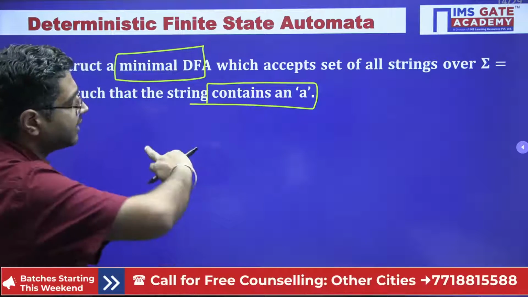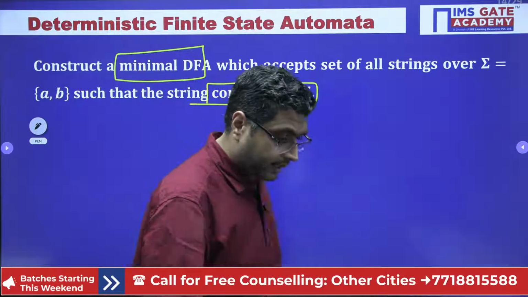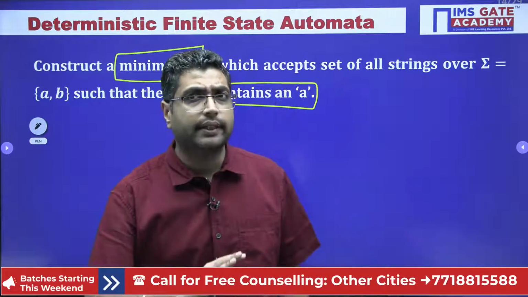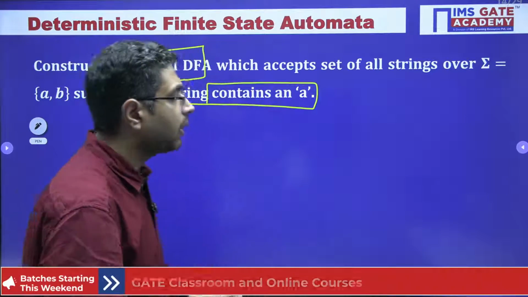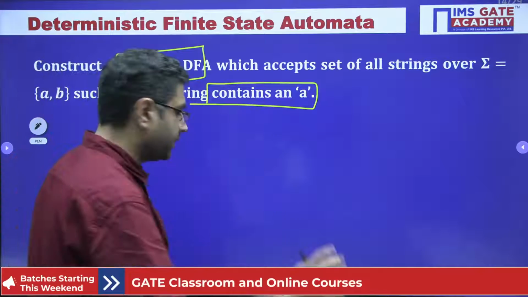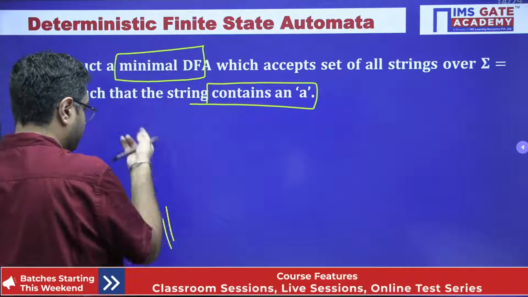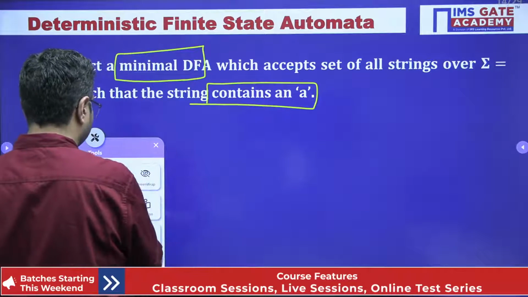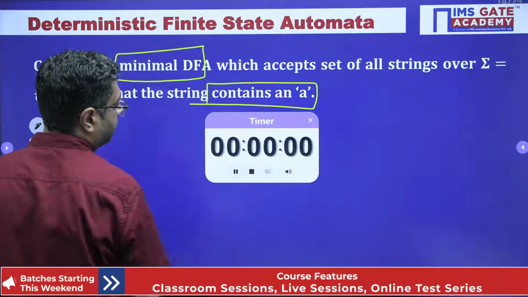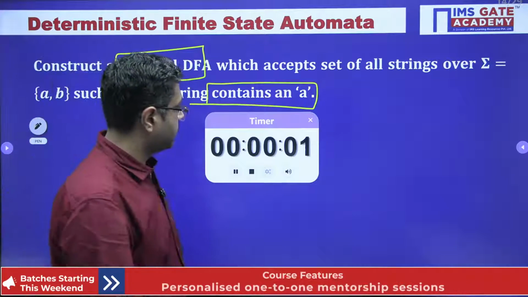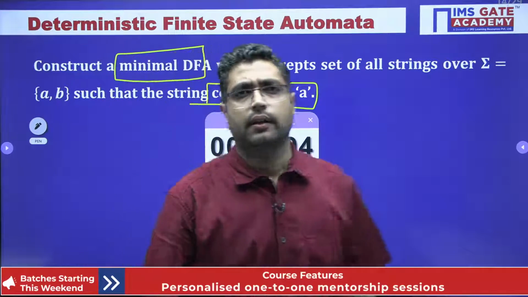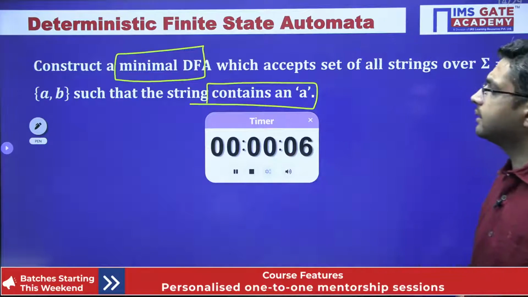Once we discuss all these three examples, containing a, starting with a and ending with a, then we'll conclude what is the general pattern of these DFAs so that you can draw them faster. Can you tell me the number of states as well as the number of final states in this DFA?